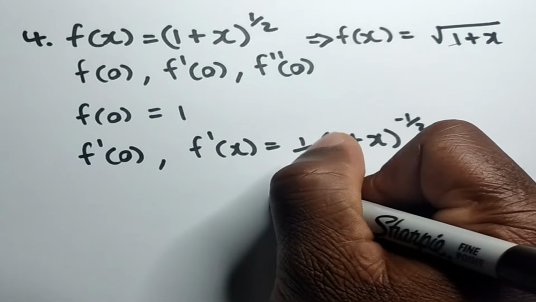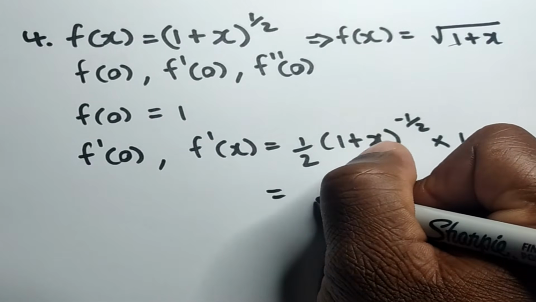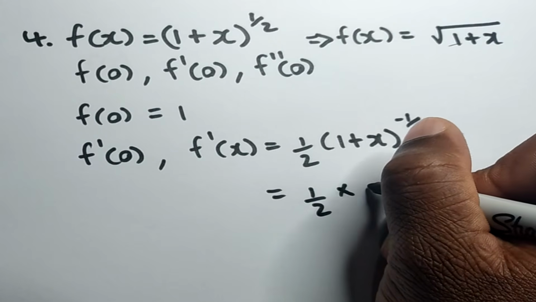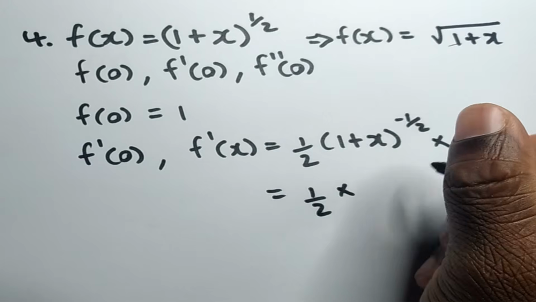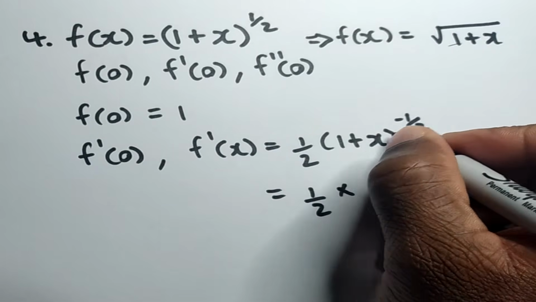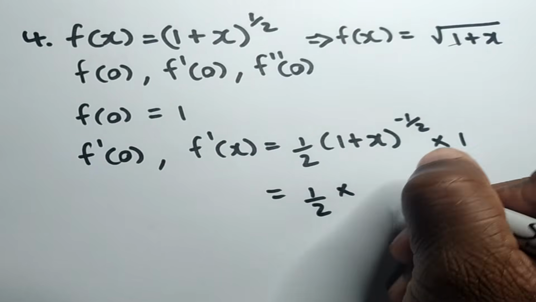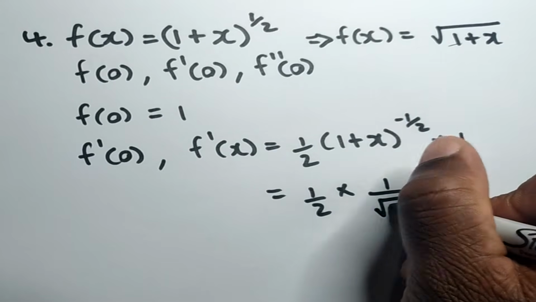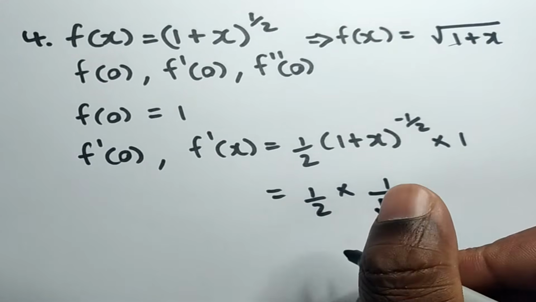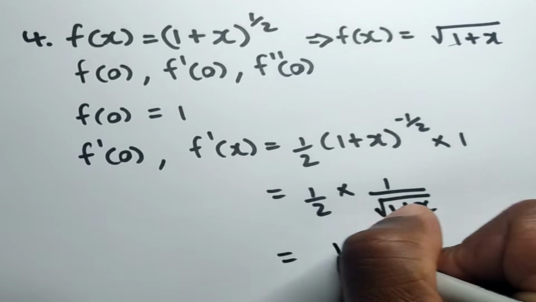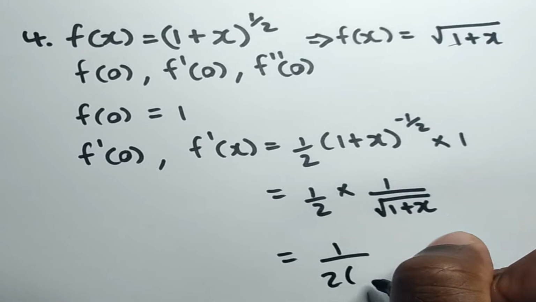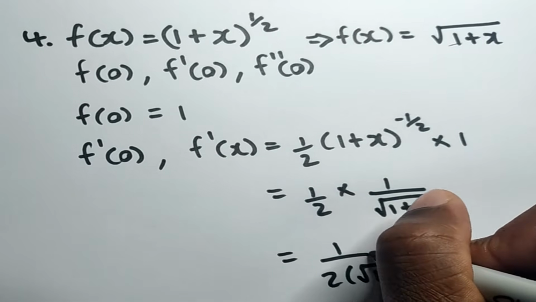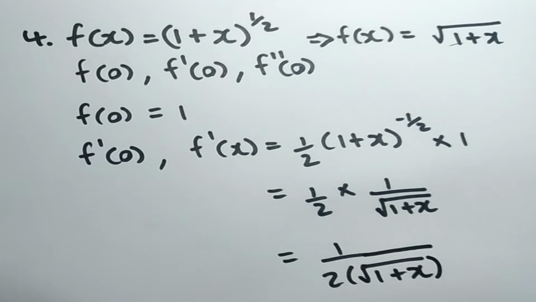So this is the same thing as a half times, we can rewrite 1 plus x to the power of negative a half as 1 over the square root of 1 plus x. So this is the same thing as 1 over 2 times the square root of 1 plus x.